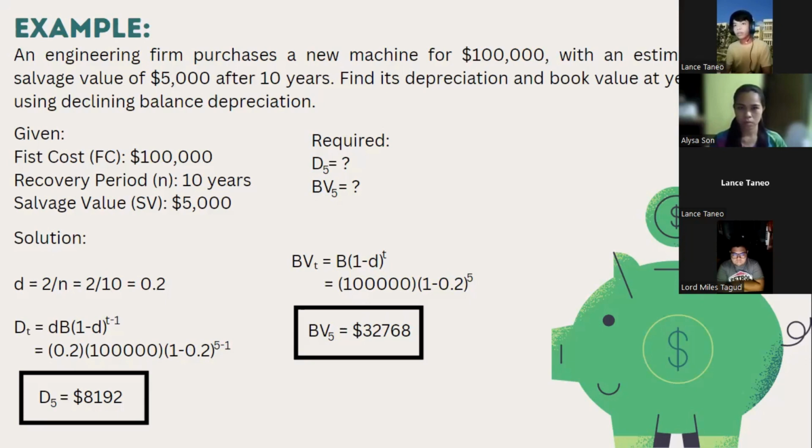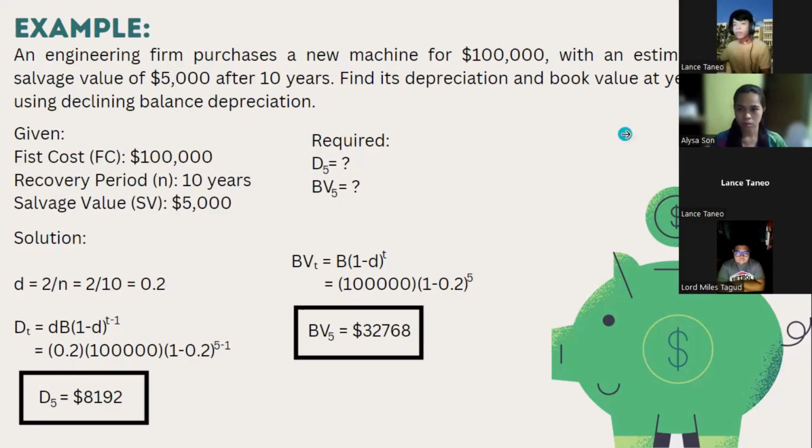So we know that the given first cost is $100,000, the recovery period or N is 10 years, and the salvage value or SV is $5,000. The questions being asked are that we must find the depreciation at year 5 and the book value at year 5.